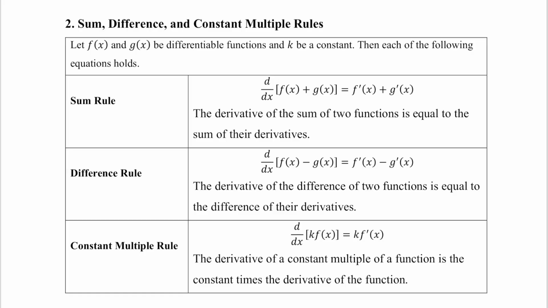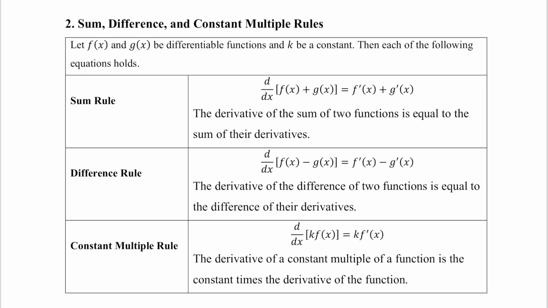Now, let's talk about the constant multiple rule. Suppose we have a constant k multiplied by a function f of x. The rule tells us that the derivative of k times f of x is equal to k times the derivative of f of x.